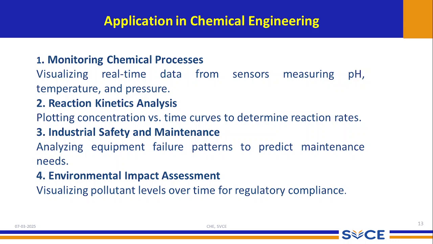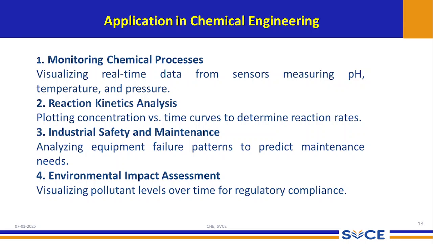Environmental impact assessment: visualizing pollutant levels over time for regulatory compliance. So a line graph tracking pH variation in wastewater treatment is a very good example, it can help to identify the best neutralization strategies. So these are the applications of chemical engineering.